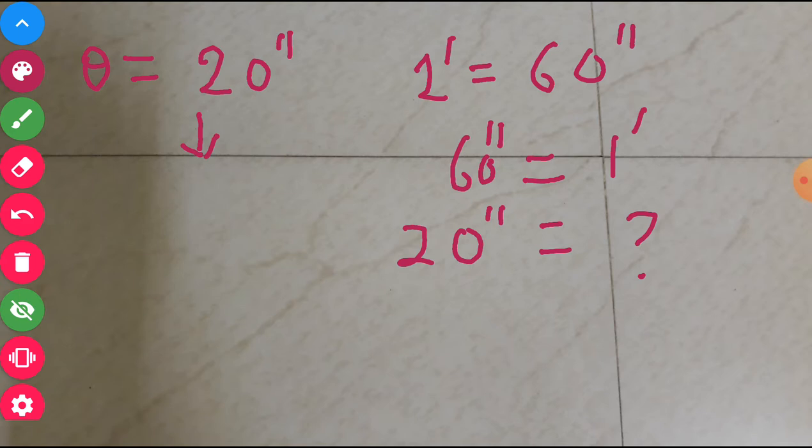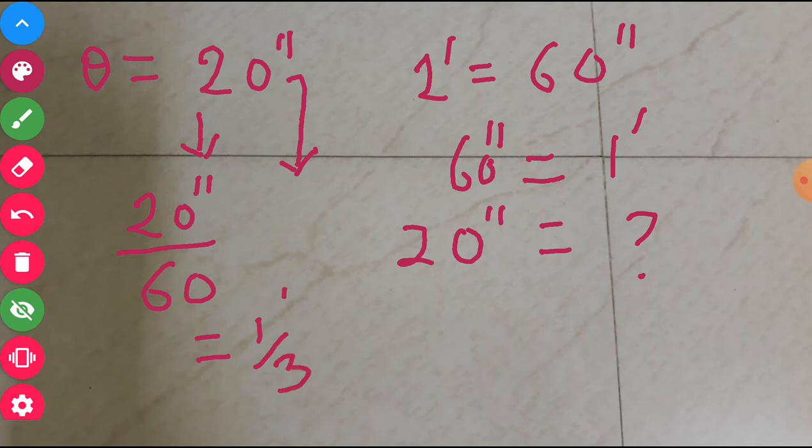Just remember that if the angle is given in second, and you want to convert it into degree, then first of all you have to convert it into minute. So divide by 60. So 20 divided by 60 will give you 1 upon 3 minute.